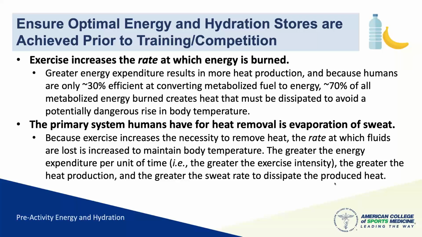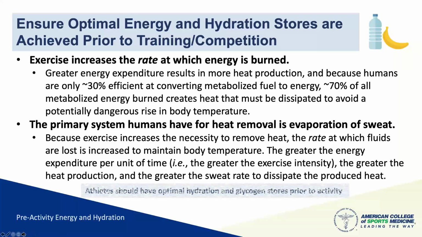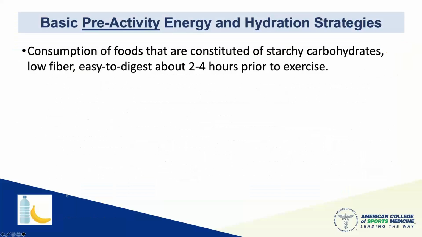That happens far too often. So we have to have a way to make sure that athletes can stay normal by consuming the right things during physical activity. They need to have an optimal hydration and glycogen store before exercise, and they need to have a strategy for making sure it stays good during exercise as well.